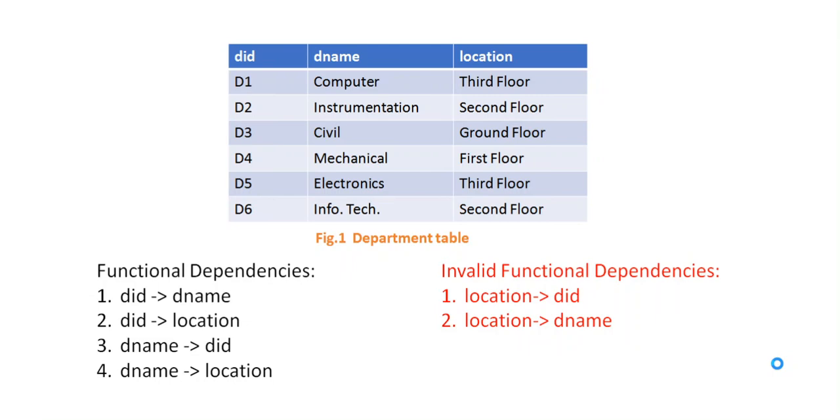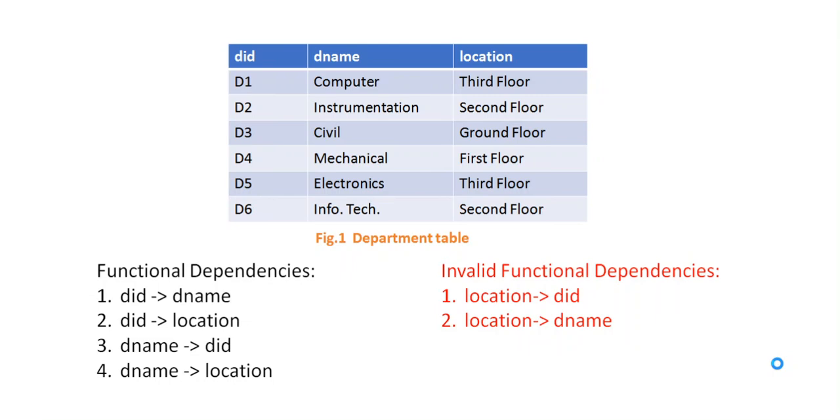For one tuple, the value of department ID is D1 and the location is 3rd floor. Search for another tuple with the same location, 3rd floor, but here the department ID is D5. For the same value of location we have different values of department ID. So we cannot say location is determining department ID.